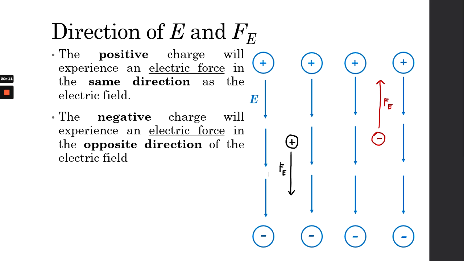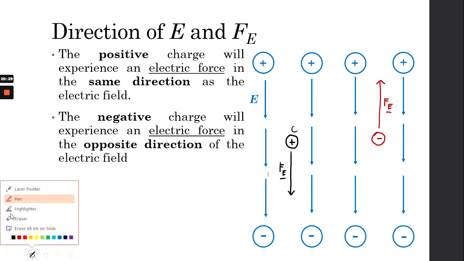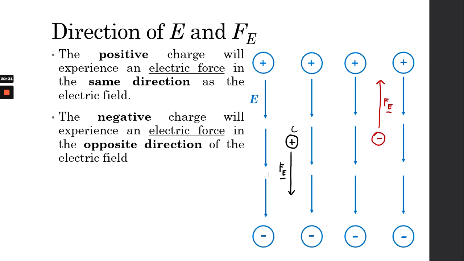And we can measure the magnitude of this electric field by taking the magnitude of the force on each test charge and dividing it by the magnitude of the test charge to find the magnitude of your electric field.